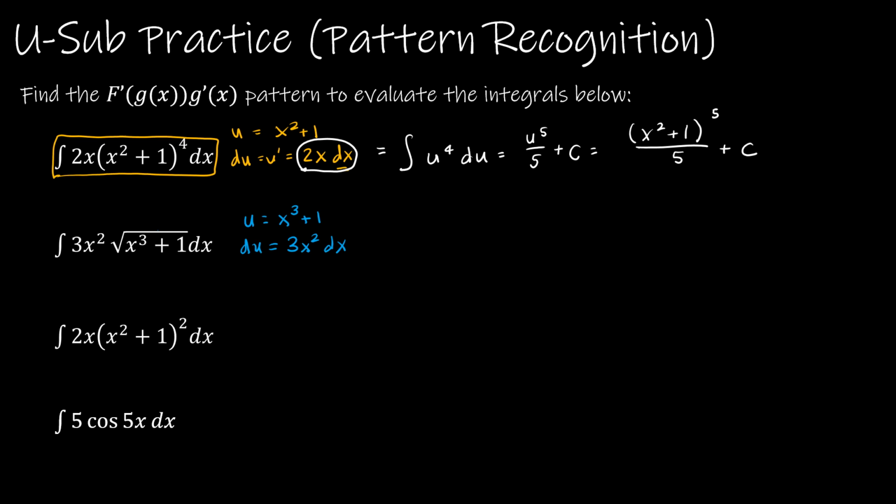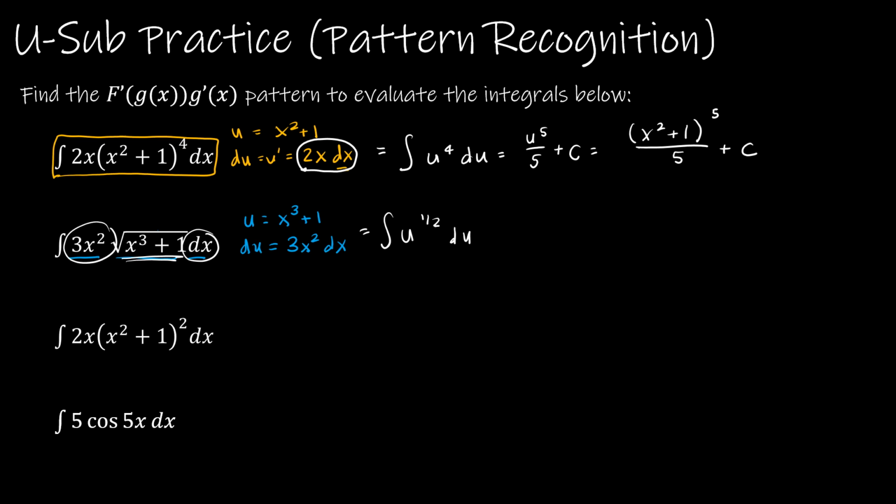And if you'll notice, 3x squared dx, and this is going to be u to the 1/2. So I'm going to rewrite this as u to the 1/2 du. Can I do that? Yes, because 3x squared dx is being accounted for by du, and this is u, and then it's the square root of that.